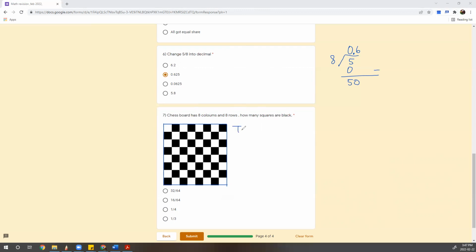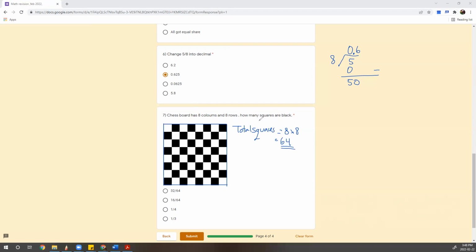So the total is 8 times 8, right? 8 rows and 8 columns. So total squares, I'm sorry, not total columns. It doesn't say whether it is black or white, but total squares combining black and white are 64 squares.